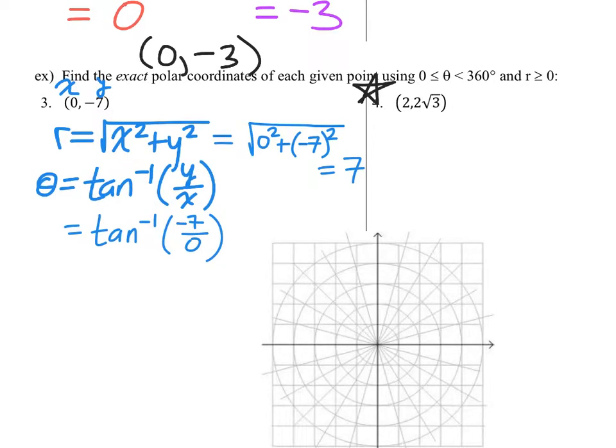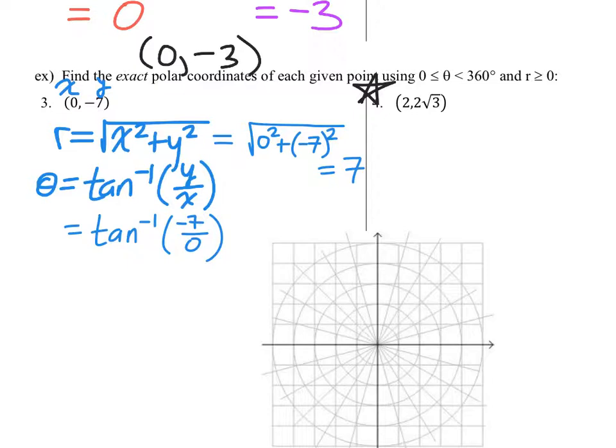All right, so I got the r value. The theta value is a little trickier numerically, but if you consider the nature of the problem, you probably already have it. So tangent here is undefined.